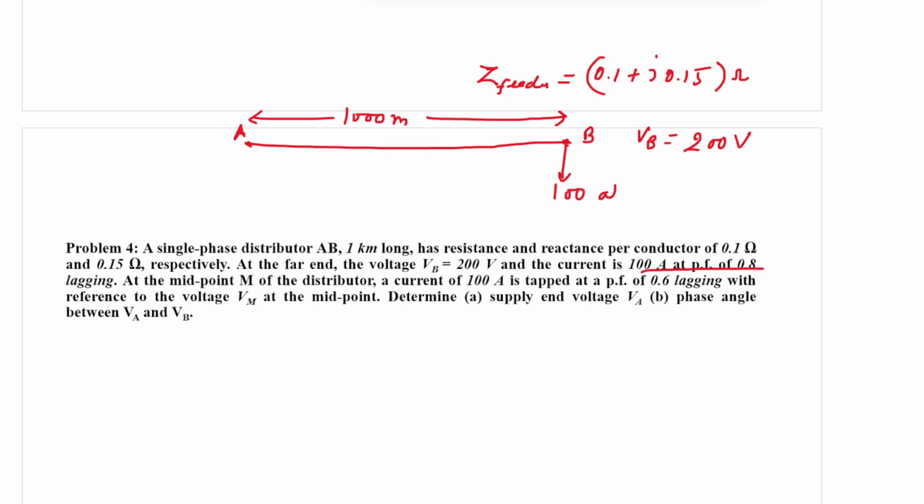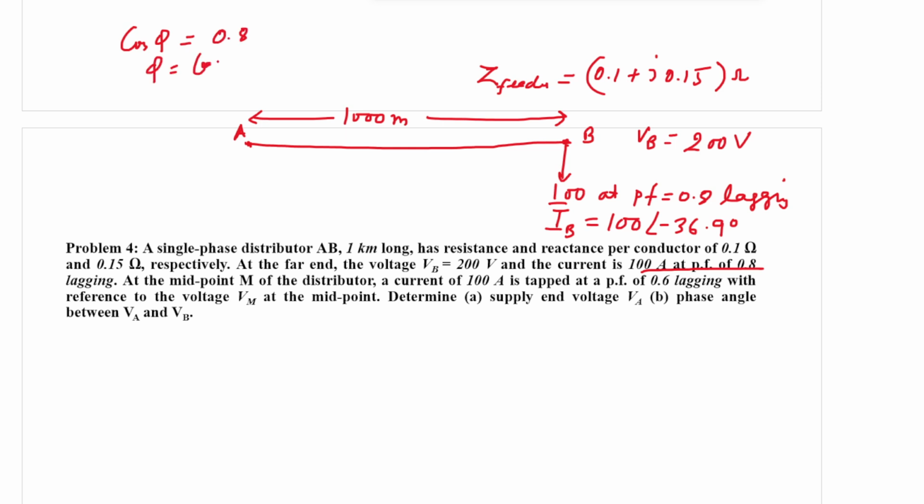So you can directly say that IB is equal to 100 at an angle of minus 36.9 degree. Why? Because the power factor cos phi is 0.8, and if you take the cos inverse, you will get 36.9 degree.